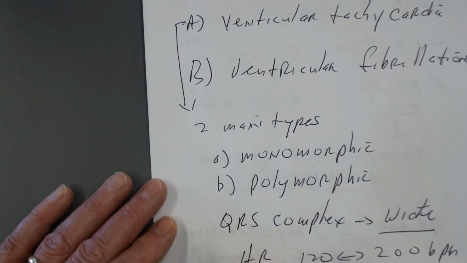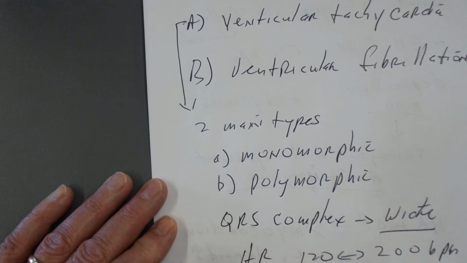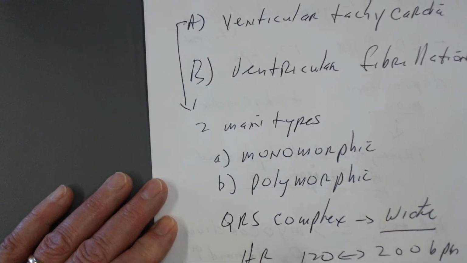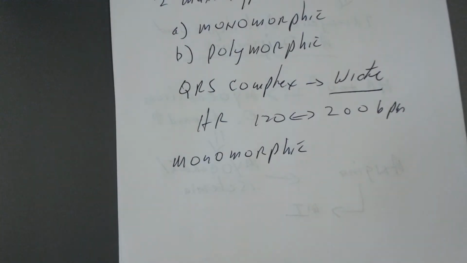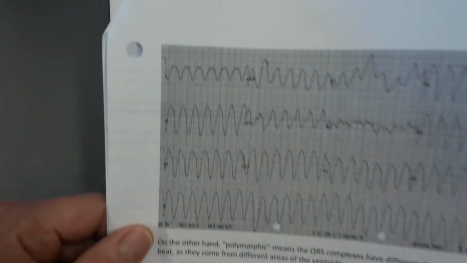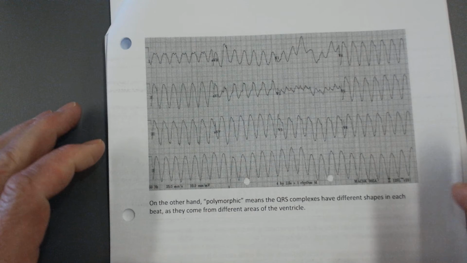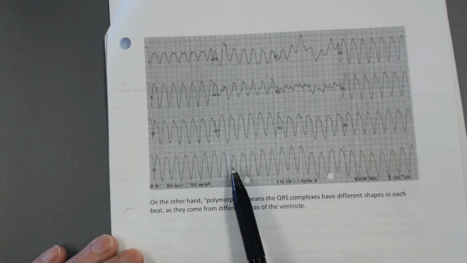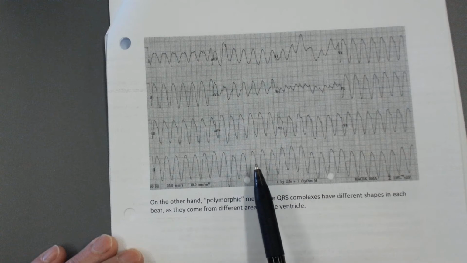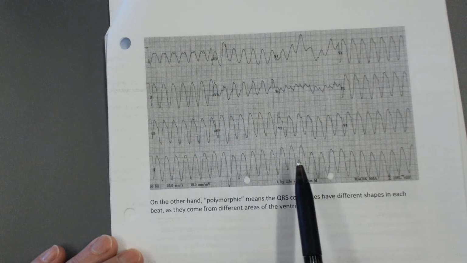Let's look at the monomorphic ventricular tachycardias first. So when you look at a monomorphic ventricular tachycardia on an EKG, you notice something very particular. Notice how all these QRS complexes look the same.